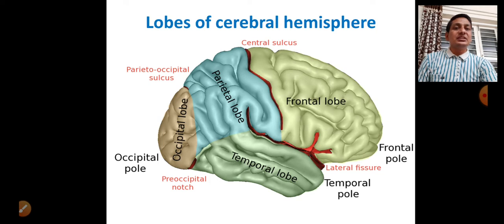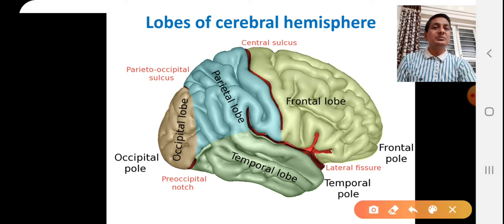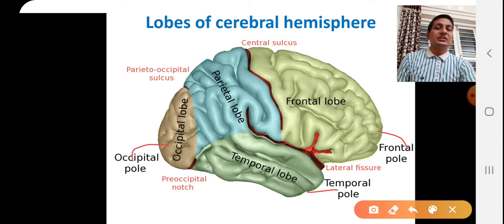If we see the cerebral hemisphere, this is the frontal pole, occipital pole and this is the temporal pole. These are the three poles.